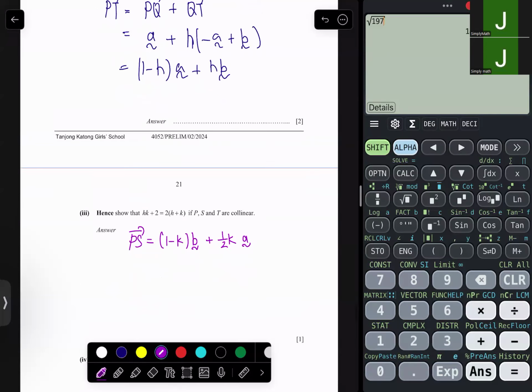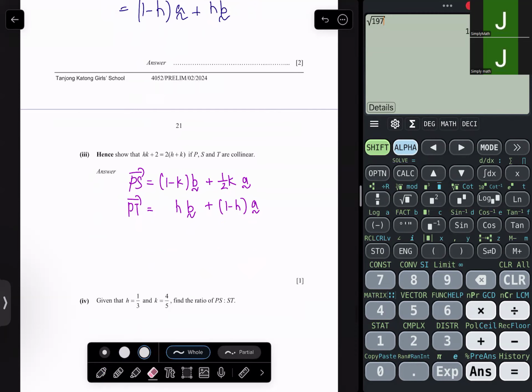Then PT is equals to H B plus 1 minus H A. So since they are collinear, collinear means that the vectors are the same.